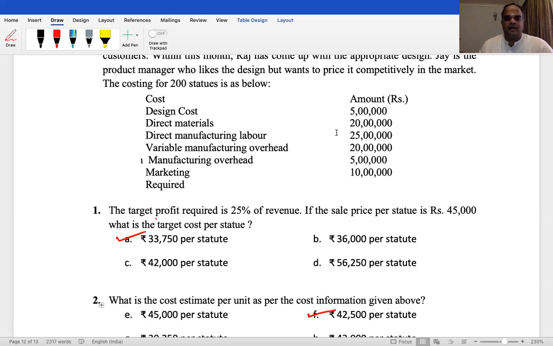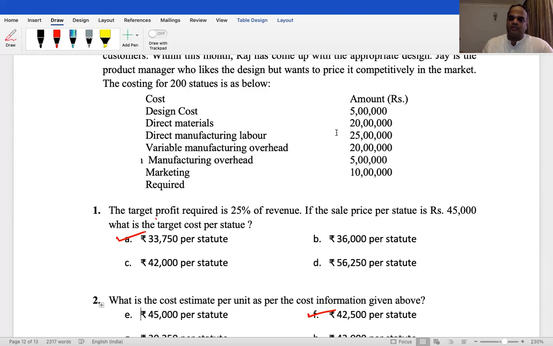Am I right? And 50% on labor cost, 25 lakhs into 50%. That you can adjust from the total cost. Previously, how much was the total cost we got? 85 lakhs. Yes, 85 lakhs minus this.